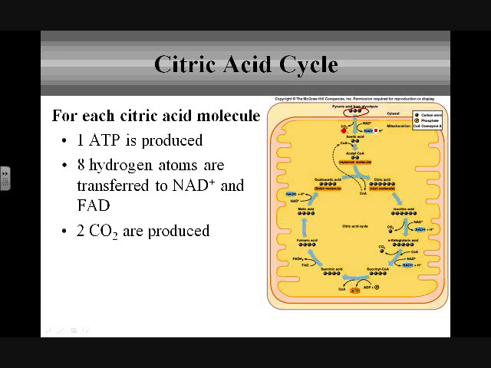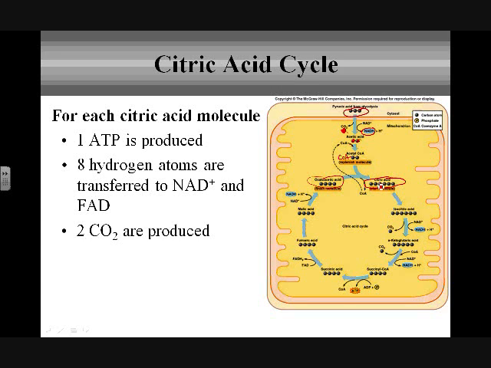NAD comes in and forms an NADH molecule, and you're left with acetic acid. Coenzyme A is going to come in and is going to attach to the acetyl molecule, right, to the acetic acid, and what you're going to have is these 2 carbons joining the 4-carbon oxaloacetic acid, and what you'll end up with is 6-carbon citric acid.